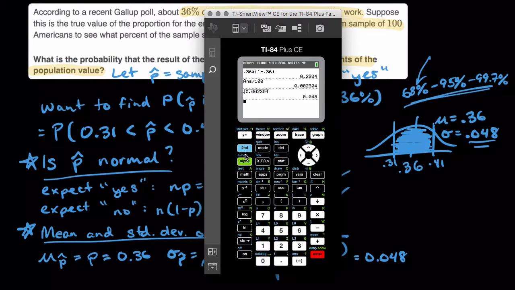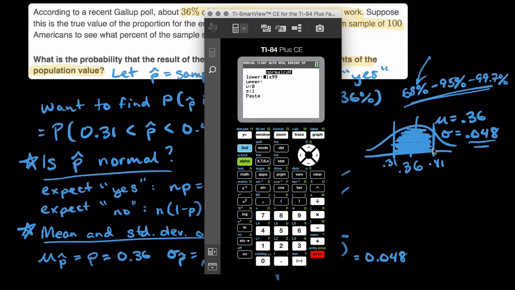In the TI-84, you need to get to the distributions menu, which is above the variable button. So you hit second, distributions, and you use option number 2 here, normal CDF, to find shaded area under a normal curve. So I choose normal CDF. It asks you for 4 entries. It asks you for lower bound, upper bound, mean, and standard deviation.